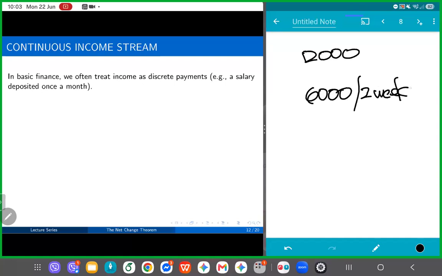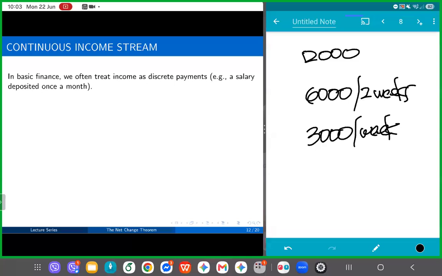Or let's say the company decides to give it 4 times a month. That would mean the income flow for the individual would be 3,000 per week. Or let's say this is daily. Just approximating, you divide 3,000 by 7, that's the daily rate.